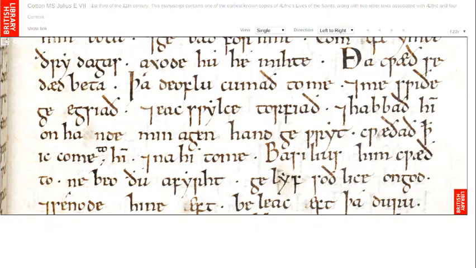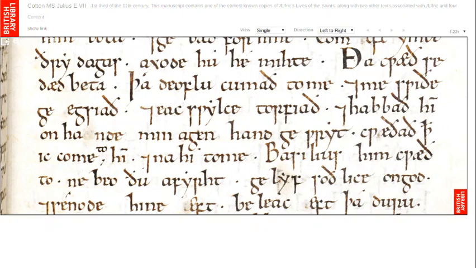Stwilche to friath, on habath he on hand min aren hand ye weird, quathath that ich komme to him, und na he to me. Basilius him quath to, ne beothu afircht, ye lief sodliche on God, on senode hine eft, belag eft vaduru.